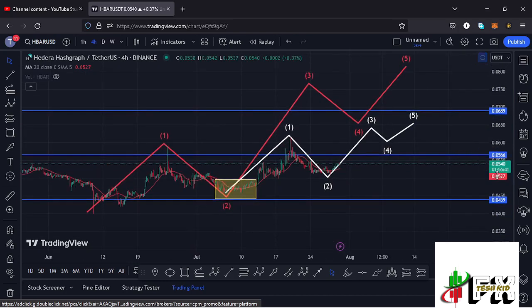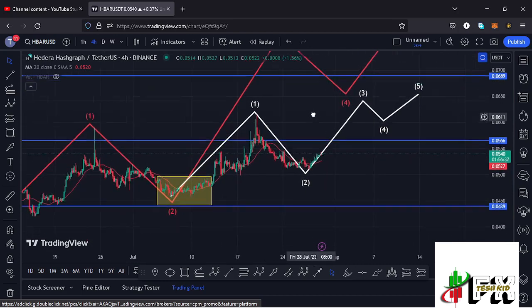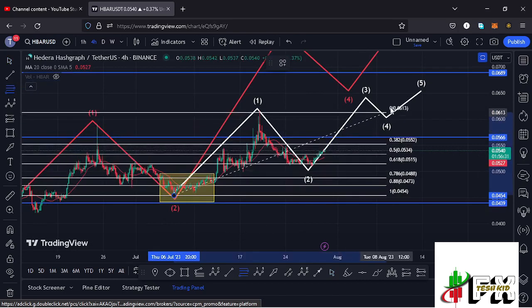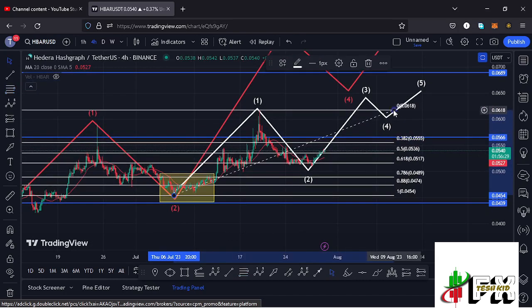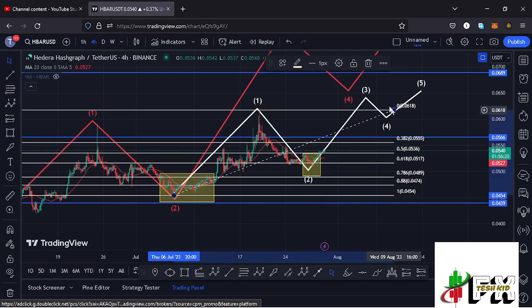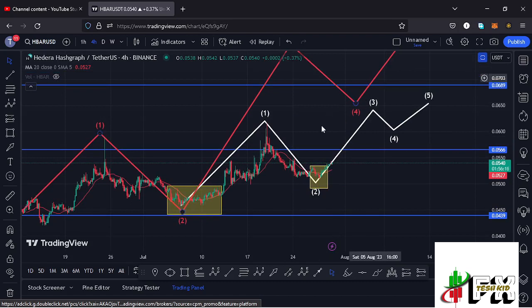And within the formation of this higher Elliott wave count 3, within the micro Elliott wave count, you can see that the second wave has also fully maximized minimum target areas between the fib level 0.5 and the fib level 0.78. And soon I'm expecting that Hbar is going to give us another reaction of this target area and start gearing up impulsively in the formation of this wave 3.